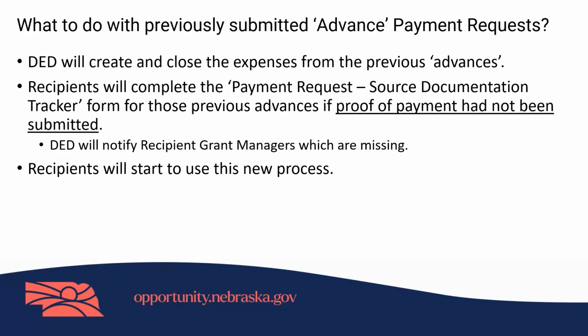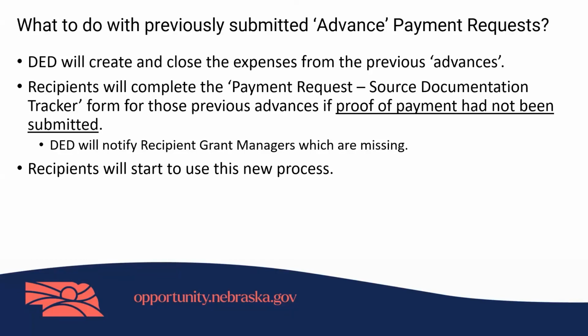When that happens and we say we created these expenses for you, you still need to provide us proof of payment for, say, payment request 567. You will go in and complete the source documentation tracker form for those payment requests. We'll let you know which ones we need proof of payment on, but you'll still need to complete those in your award, using the new proof of payment tracker custom form.